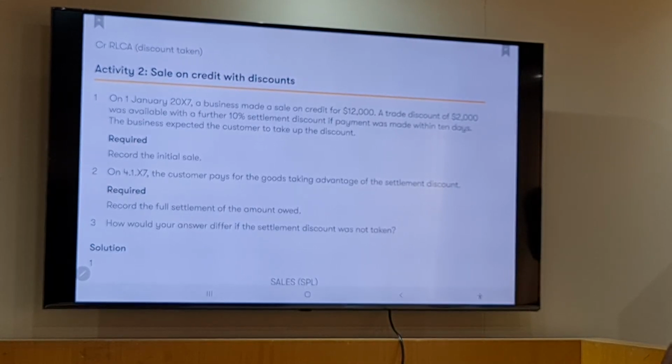Based on negotiation, they agreed to a trade discount of 2,000. So how much should the invoice value be? 10,000. And the invoice was made on which date? 1 January 2017. They have given a condition: if you settle within the next 10 days, you are entitled to a 10% settlement discount. And the customer is paying on the 4th of January, which is within 10 days. So can we do the calculation?